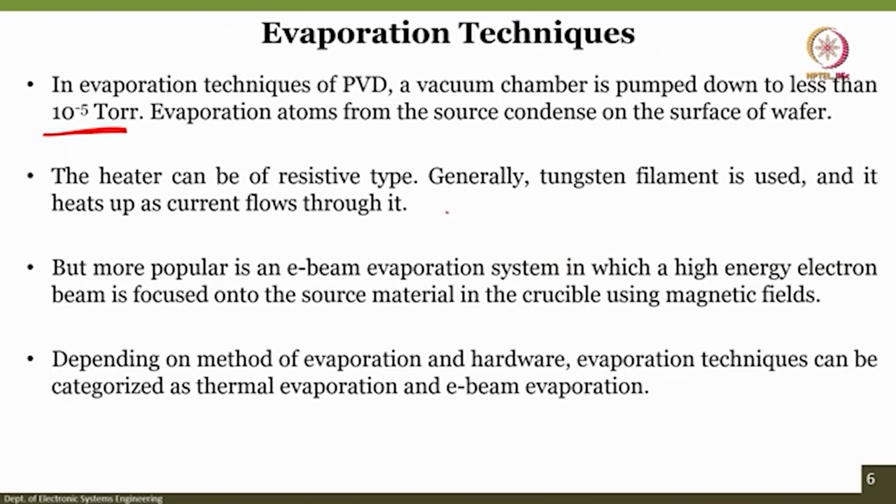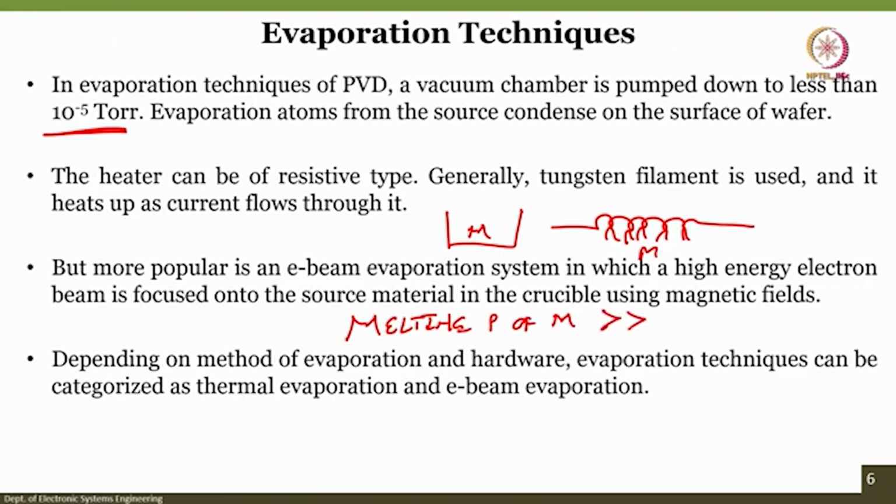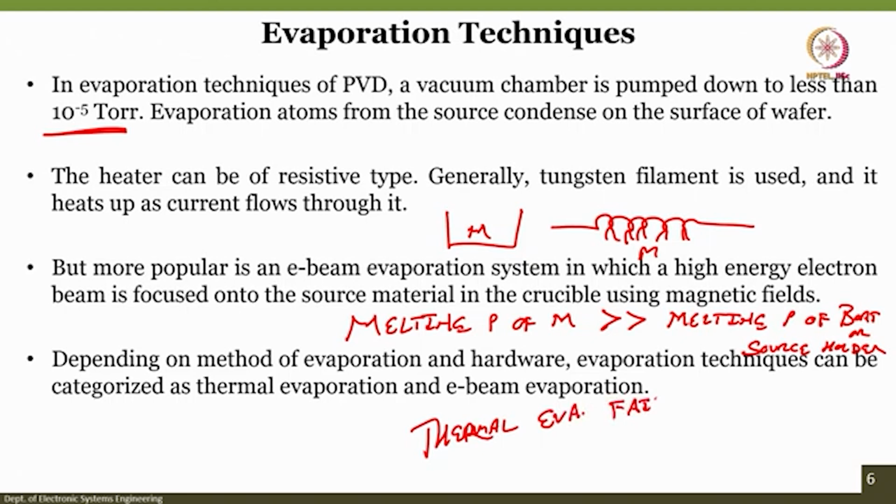The reason to use E beam is very simple. You have a substrate and a source, and if the melting point of the material M that we use is way greater than the melting point of the boat or source holder, thermal evaporation fails, right, because the boat material will evaporate faster than the material that we want to deposit.